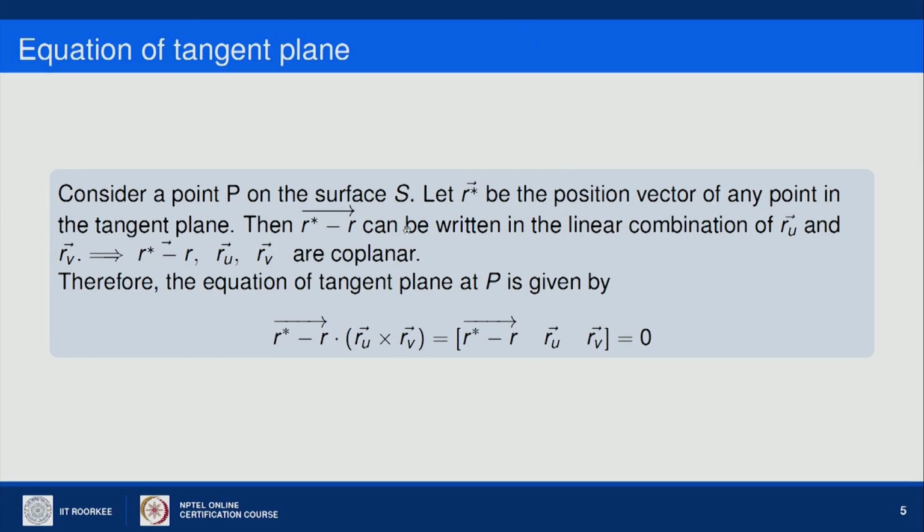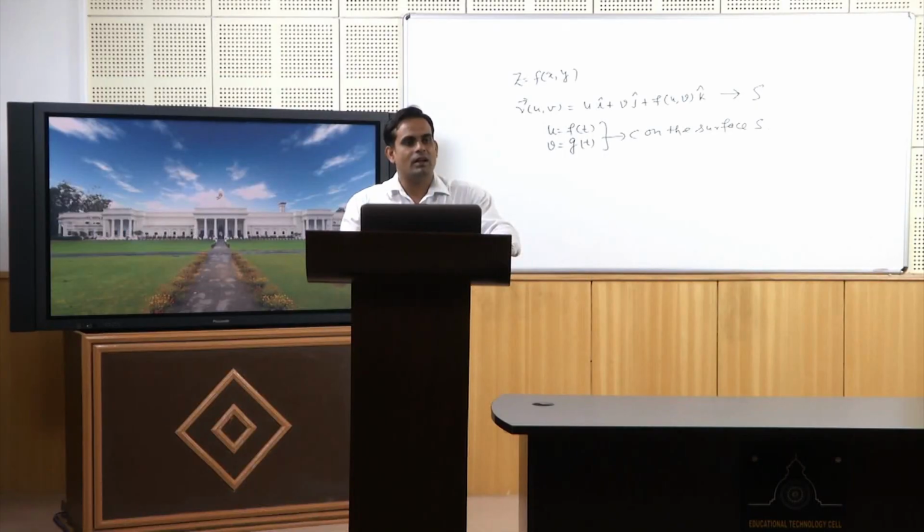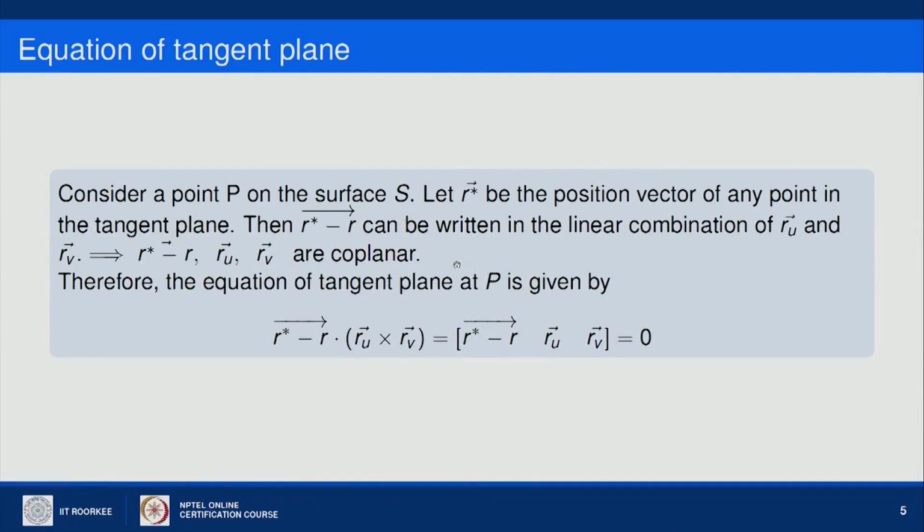Then r star minus r can be written as a linear combination of r_u and r_v. It means r star minus r is also a vector in the tangent plane, and r star minus r, r_u and r_v are coplanar. Therefore the equation of the tangent plane at P is given by (r star minus r) dot r_u cross r_v equals 0.